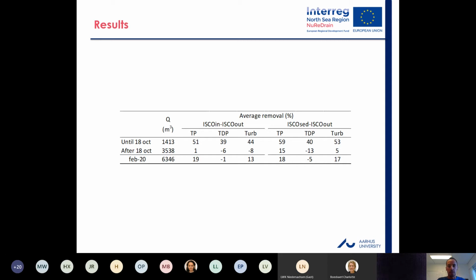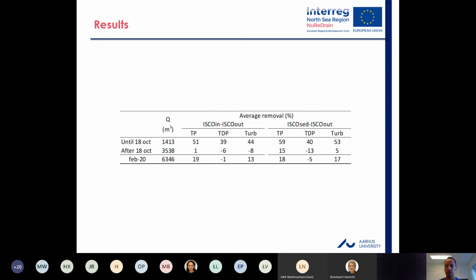If we look at the drainage flow, we can see that in the first period up to the 18th of October, we had the lowest Q, which was approximately 1,400 cubic meters. This volume doubled in the following period and was the highest in February 2020.